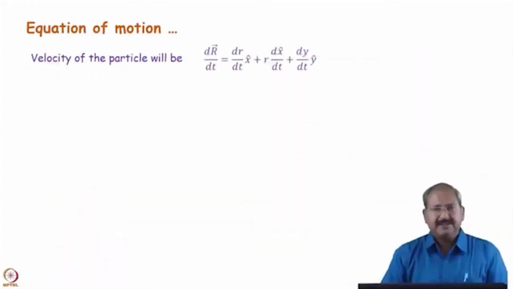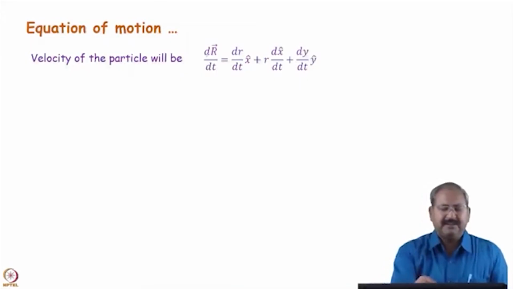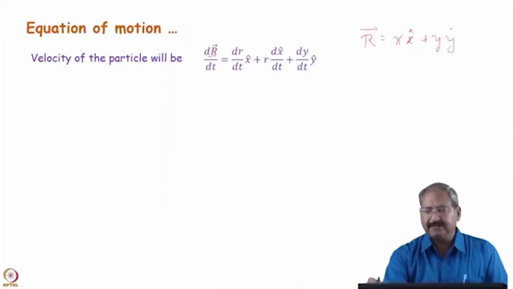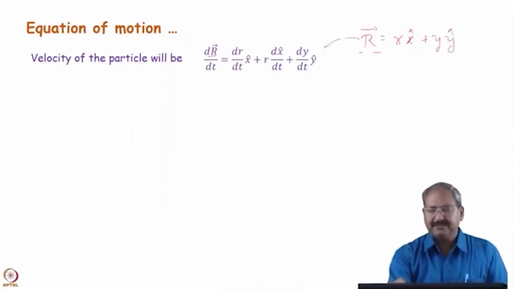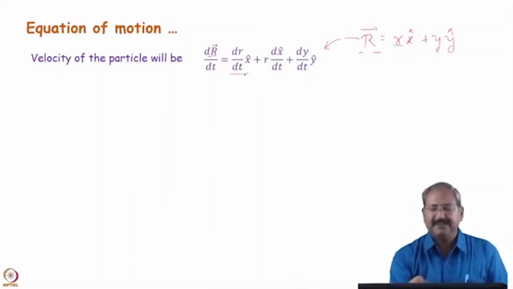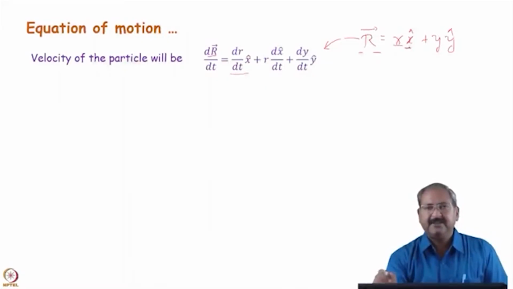So now in this coordinate system, we derive the velocity. What is the velocity of this particle? Because we have the position vector, capital R, velocity will be dR by dt, and because R is equal to r x cap plus y cap, we will differentiate it. So first dr by dt x cap, which is written here. Now because the x cap unit vector is not a constant, it will also be differentiated.